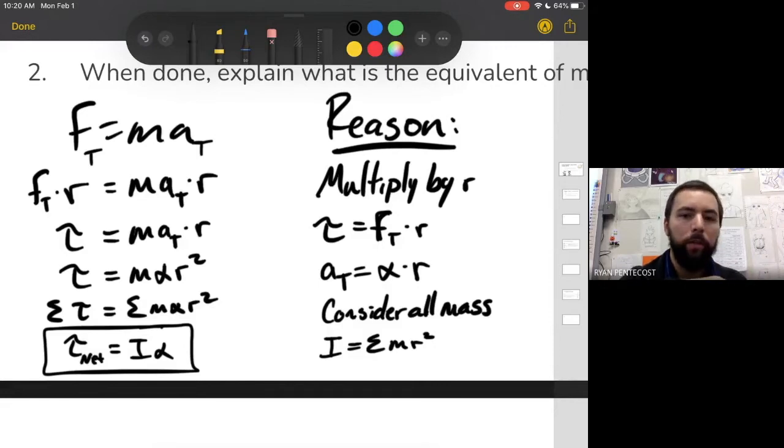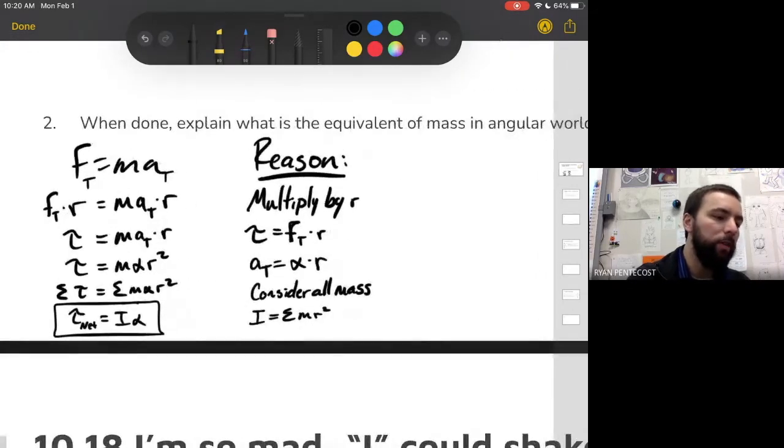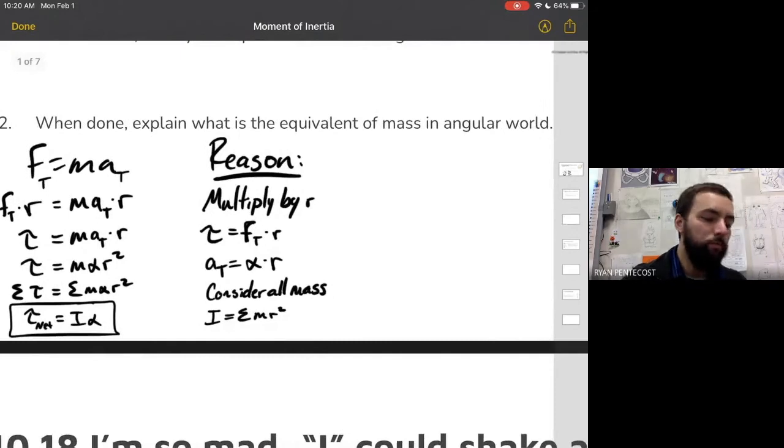And now we're going to say that number 2, explain what is the equivalent of mass in angular world. Moment of inertia is your angular mass, right?